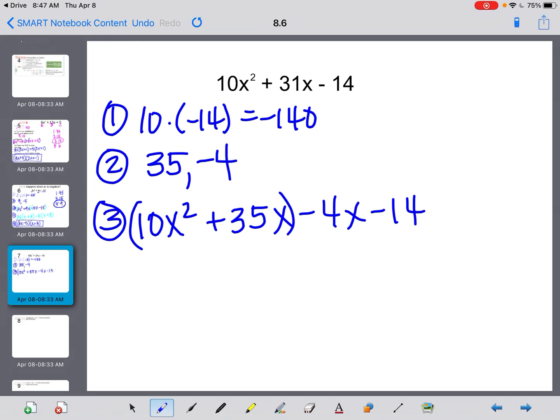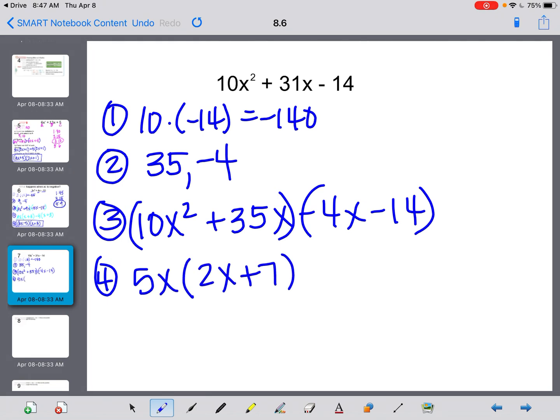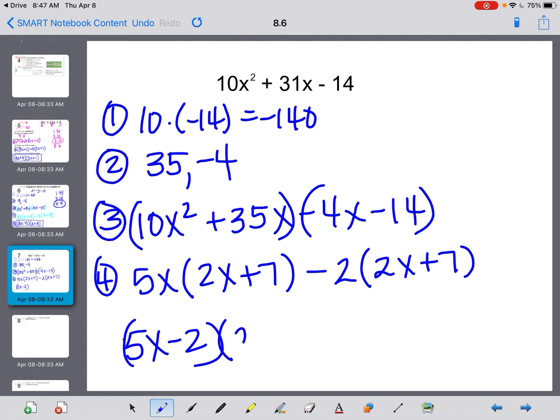Okay, then I can factor out 5x, which leaves me with 2x plus 7. Take out a negative 2, which leaves me with 2x plus 7. Final answer, 5x minus 2 times 2x plus 7.